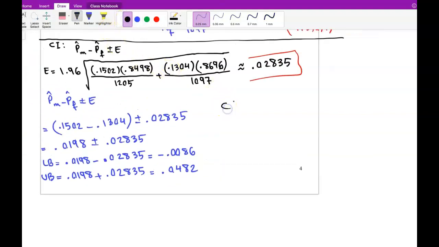So the confidence interval is, I want to round to 3 decimal places, negative 0.009 comma 0.048. Okay, so this is our final answer.